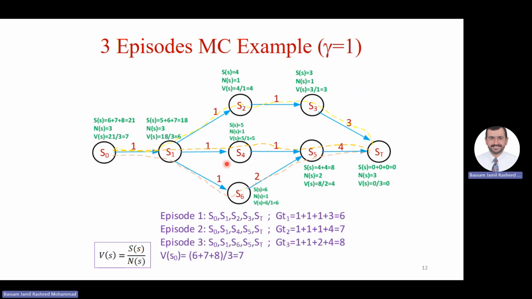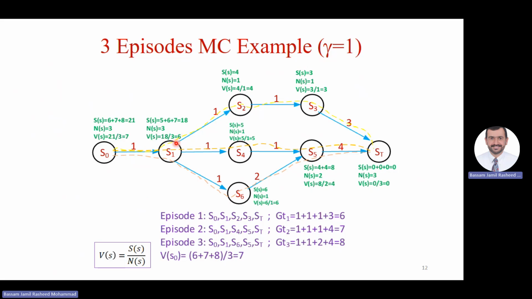We ran 3 episodes in this Markov decision process, and these episodes are as follows. The first is S0, S1, S2, S3, ST. Notice when we ran this episode, we can tell for sure that S3 has accumulated a reward of 3, because once it goes to ST, it has accumulated this much reward. And S2 has accumulated rewards of 1 plus 3, which is 4.